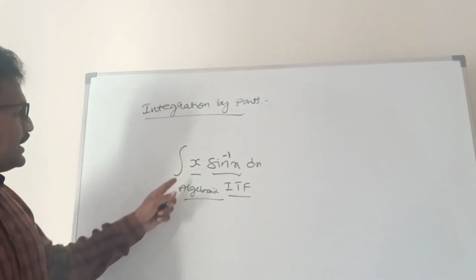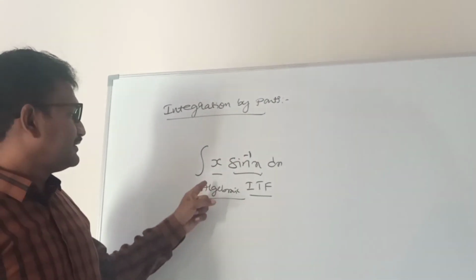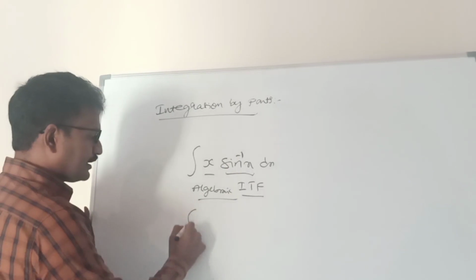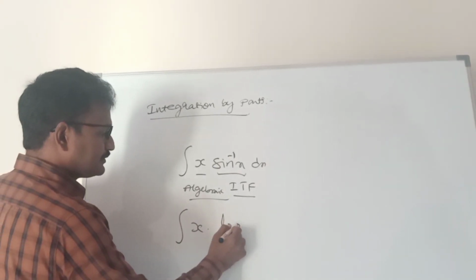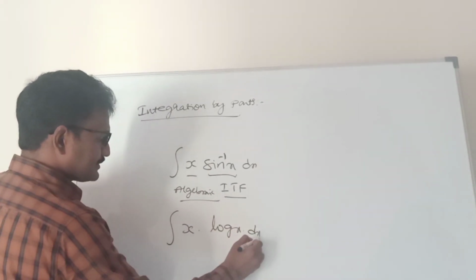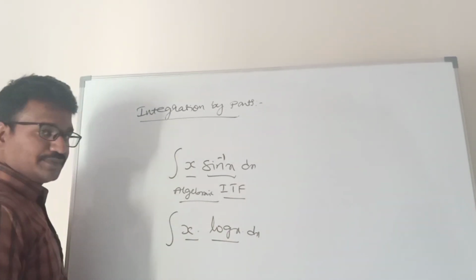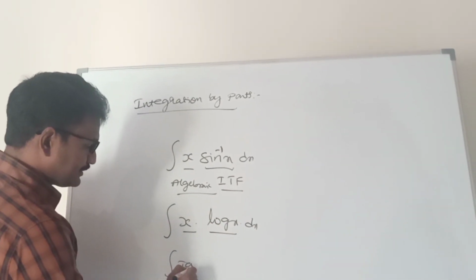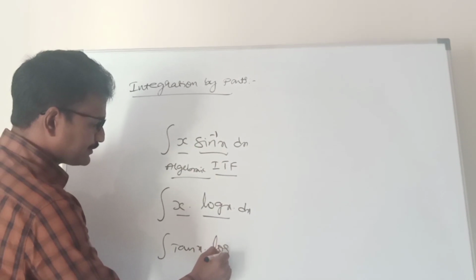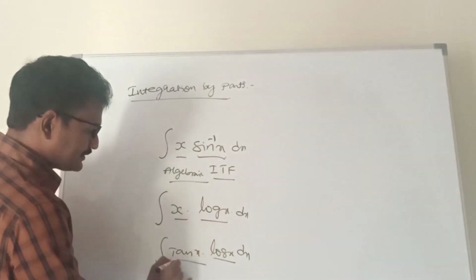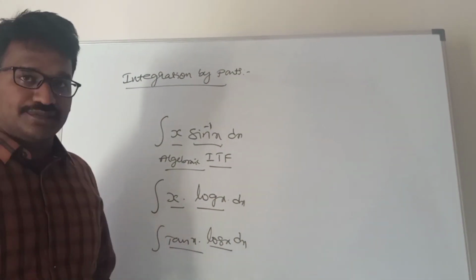So if we have two different functions like algebraic into inverse, or x into log x, see, this is an algebraic function, this is a logarithmic function. Tan x into log x, a trigonometric function and a logarithmic function.